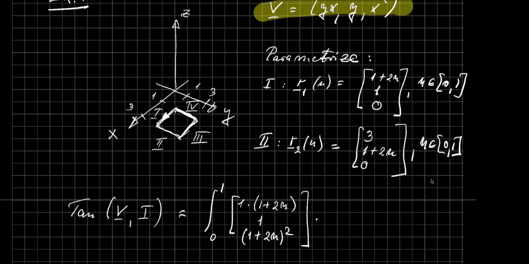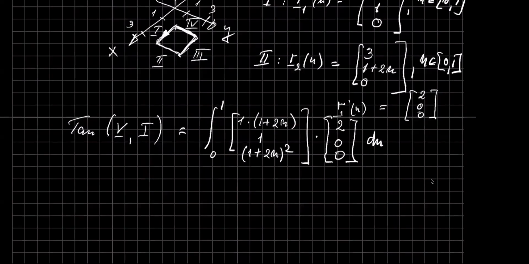And now you need the derivative, that is r1 prime of u, and this is simply 2, 0, 0 when you take the derivative of this. So this should be multiplied by 2, 0, 0 and integrated with respect to u.